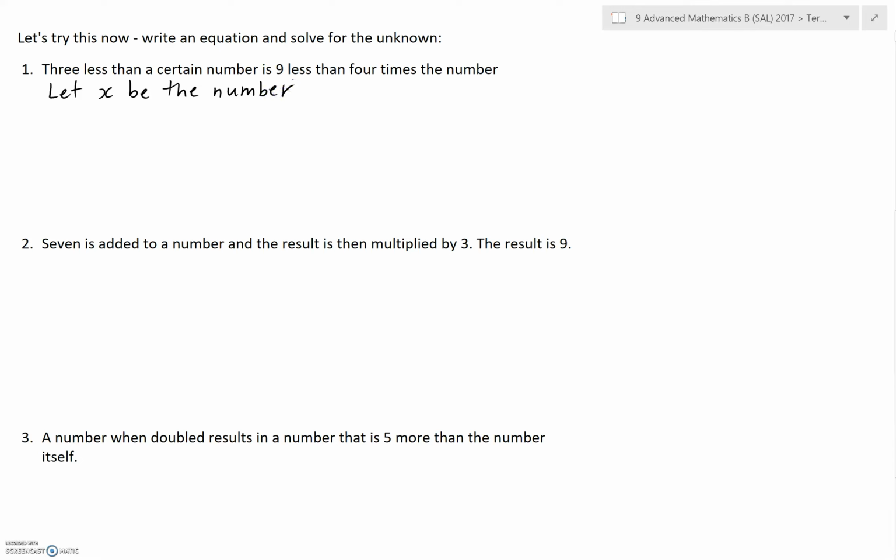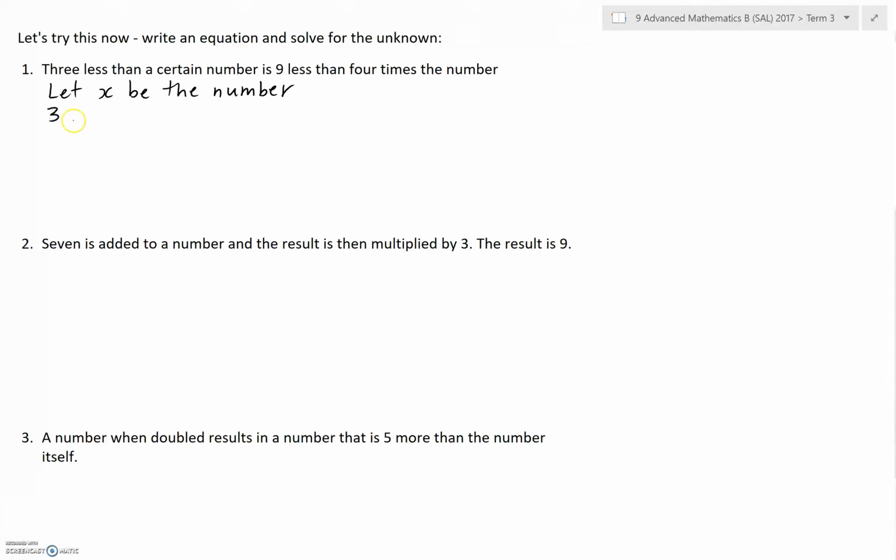Now, while you're still getting used to it, it might be a good idea to look at each separate part of the word problem separately, before you try and put it together in an equation, and write a mathematical expression for each separate part. So let's look at this one in 2 separate parts. So 3 less than a number.